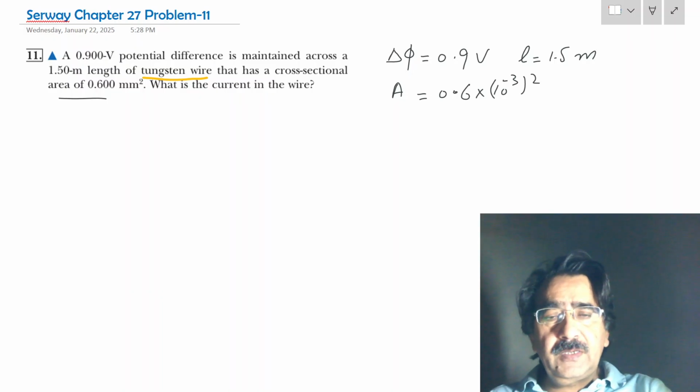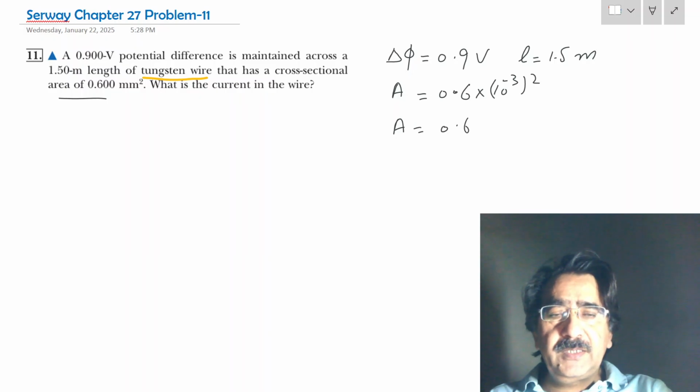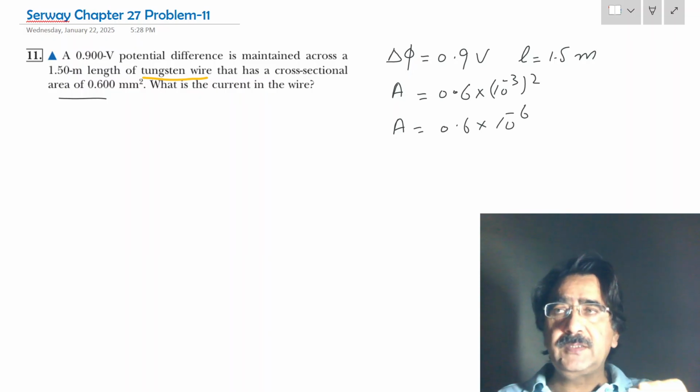So area will be 0.6 times 10 raised to power minus 6.